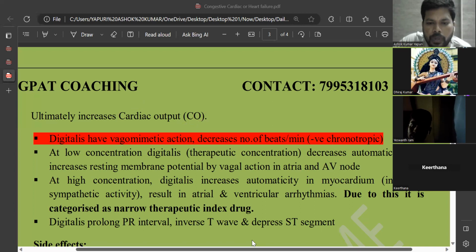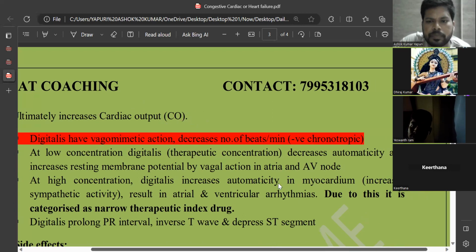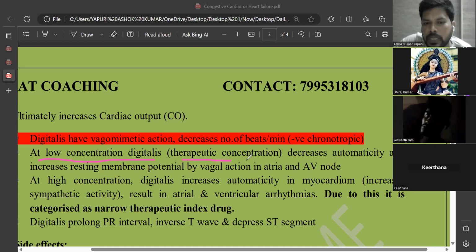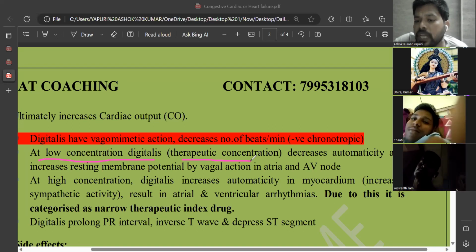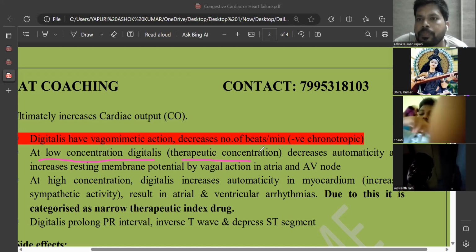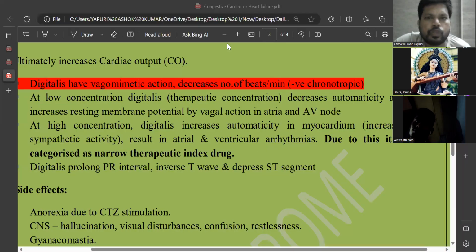Okay, so let's move forward. At low concentration, digitalis, that is the therapeutic concentration, shows beneficial effects. The therapeutic dose is a beneficial dose which shows positive effects.